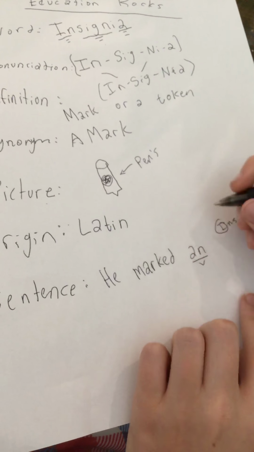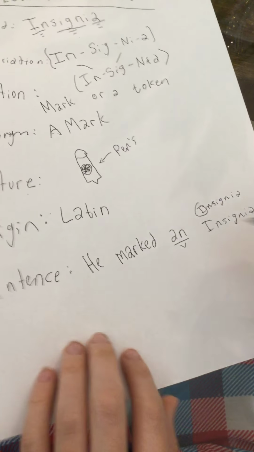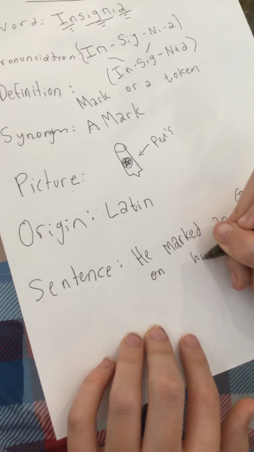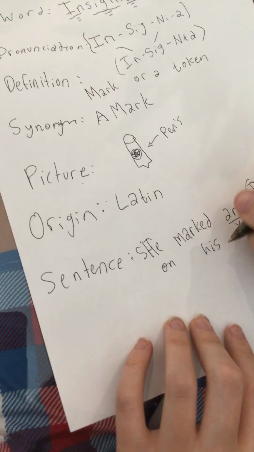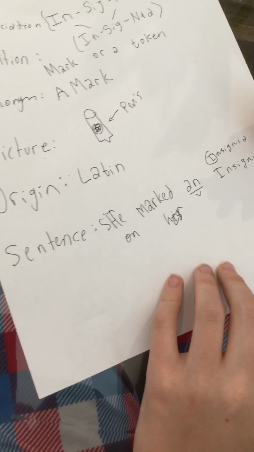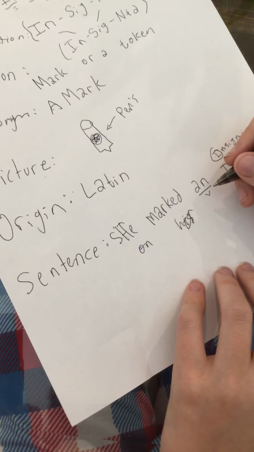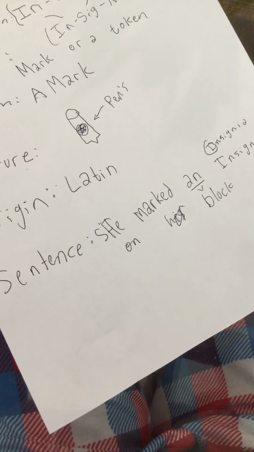So we put, he marked an insignia on his, she on her, because we did he last time. She marked an insignia on her block. So that means she wants to remember that it's her block.